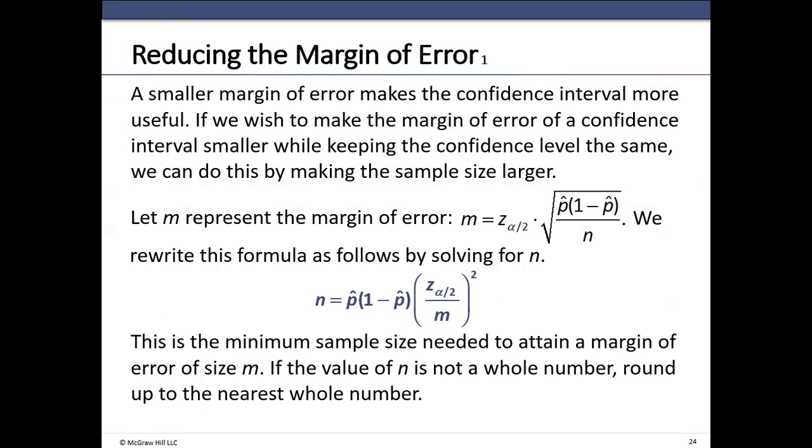So N is p hat times 1 minus p hat, times the quantity Z alpha by 2, which for a 95% confidence interval is 1.96, divided by M, where M is the margin of error. That will be provided to us, and the whole thing squared. And we always round it up to the next whole number.